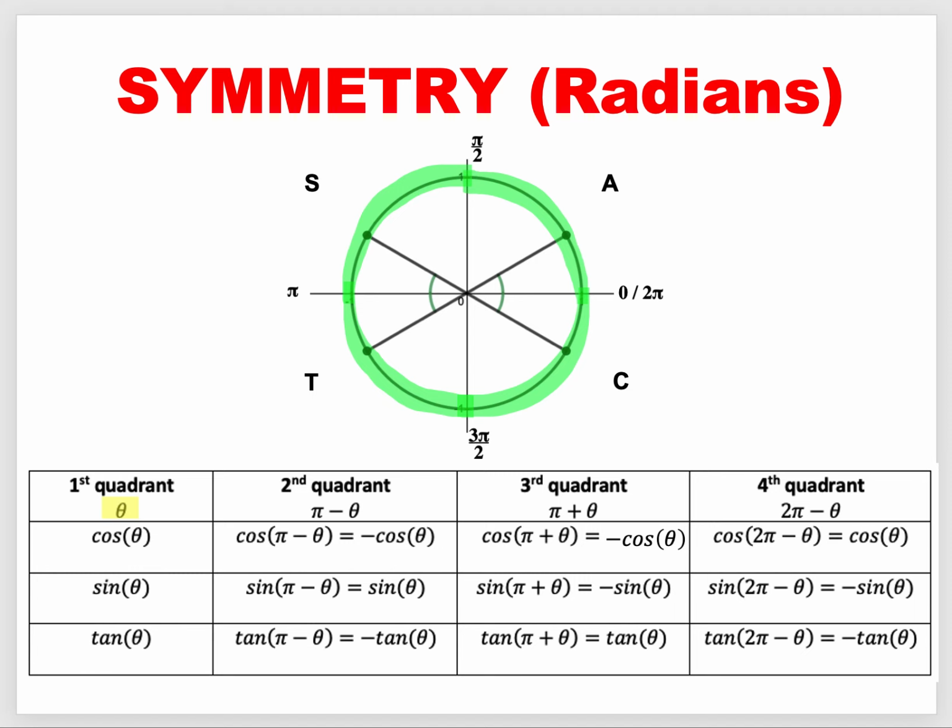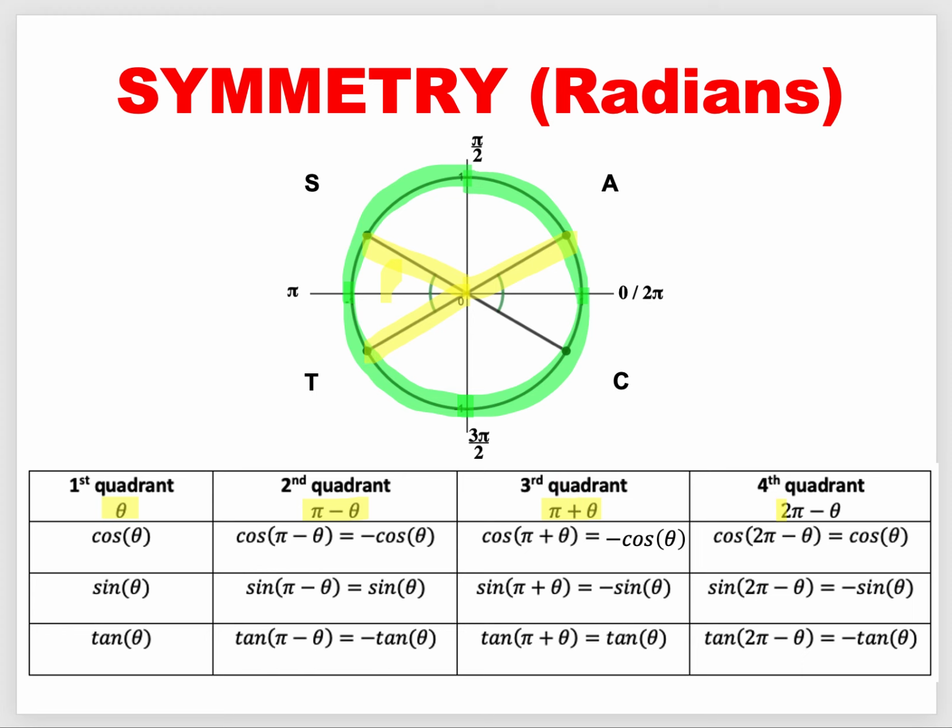Okay, so when we label our quadrants, the angle in the first quadrant is just theta. The angle in the second quadrant, though, we're going to refer to as pi minus theta. Instead of 180 take away theta, it's now pi take away theta. In the third quadrant, it'll be pi plus theta, instead of 180 plus theta.